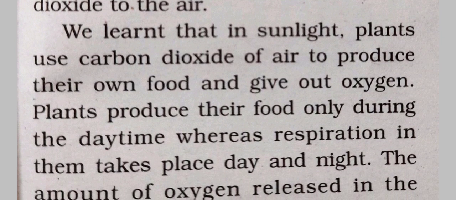We had learnt that in the presence of sunlight, plants use carbon dioxide of the air to produce their own food and give out oxygen. So during the daytime, when sunlight is available, the plant uses carbon dioxide from the air, which is a mixture of gases, to make its own food by the process of photosynthesis, and releases oxygen in the air.